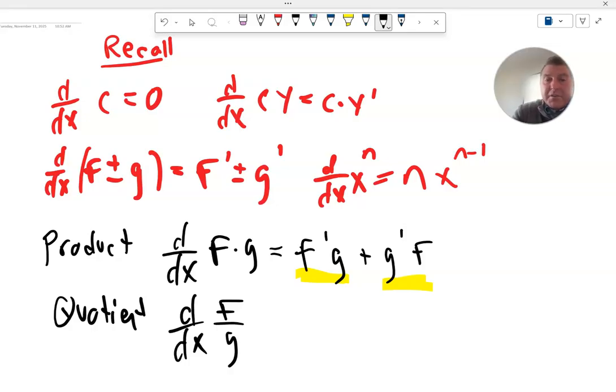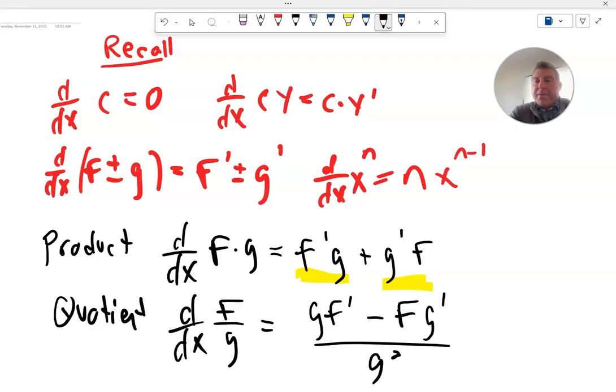But let's assume that f and g both are functions of x. In which case, and this is surprising too, the derivative of the ratio of two functions, both of which contain an x, is going to be g f prime minus f g prime all over g squared.